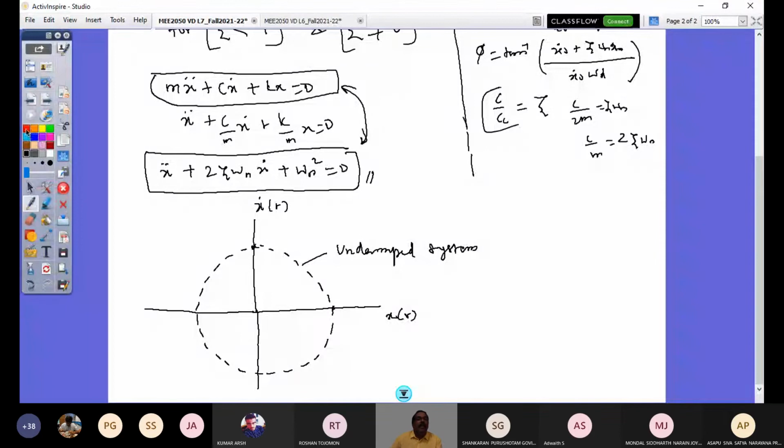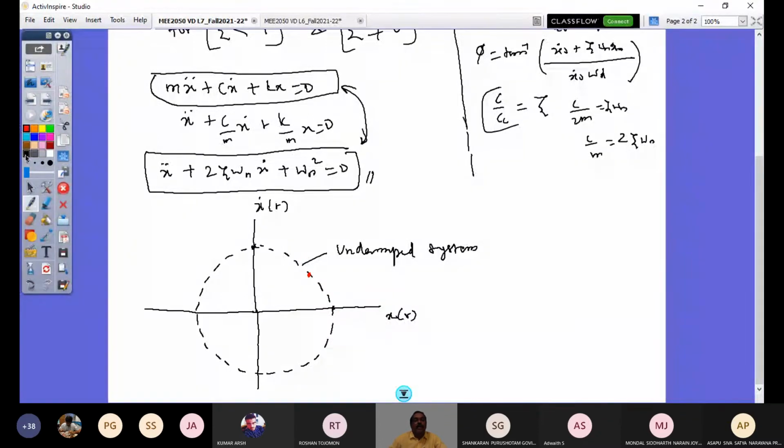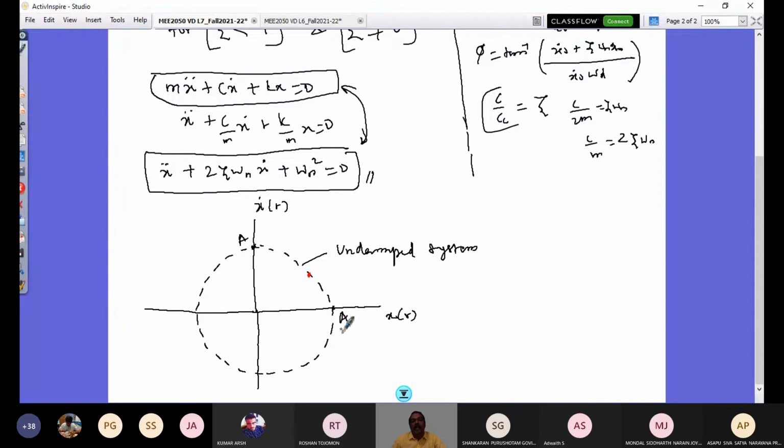So now I can represent my damped system something like this. I take any point where I have my x of t and x dot of t. The amplitude originally for this system was A here or A here. I can call that x or x naught, whatever amplitude we had got for this.